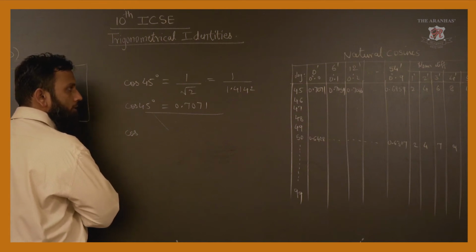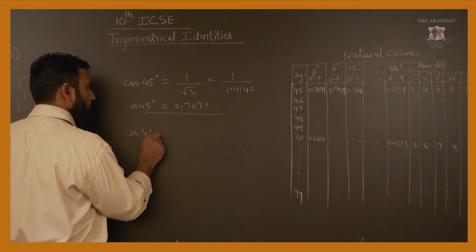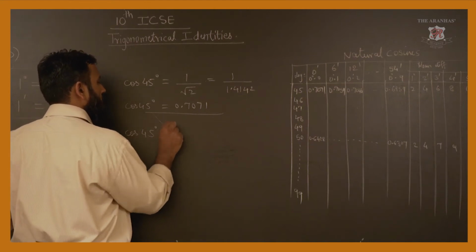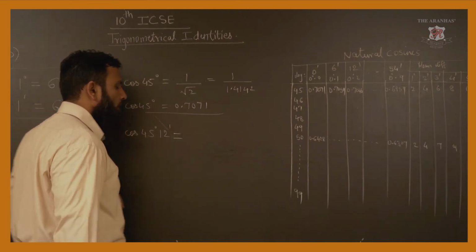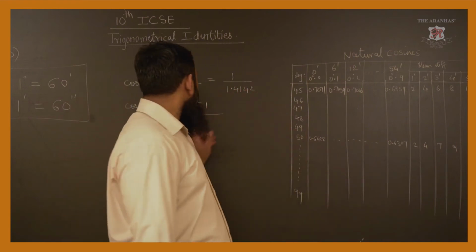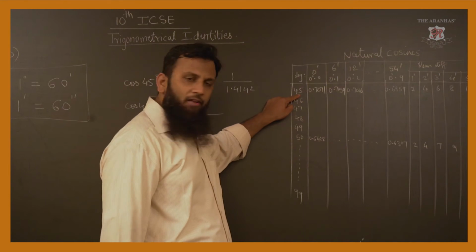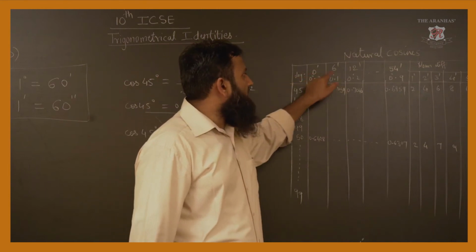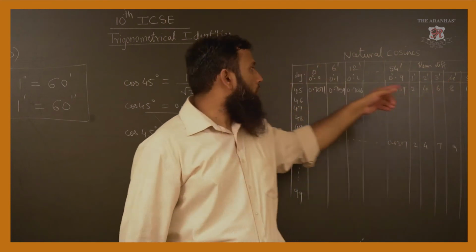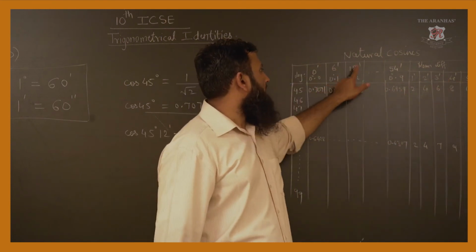Now the question arises, in the exam, if the question is cos 45 degree 12 minutes, how to do it? In that situation, first you have to see 45 degrees available, and search in the topmost horizontal row, is 12 minutes available?